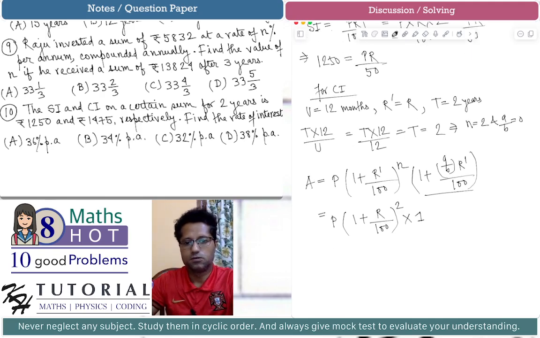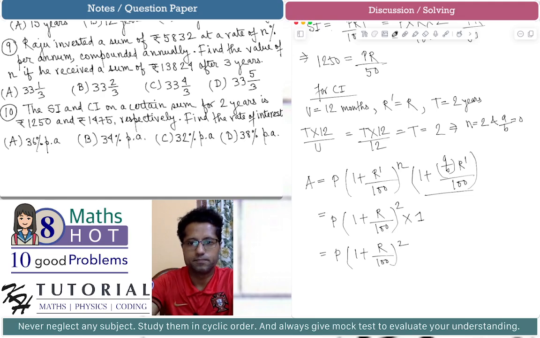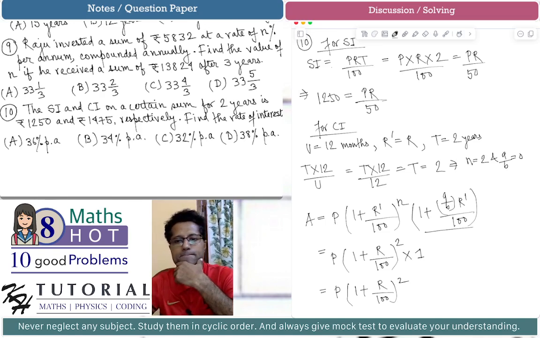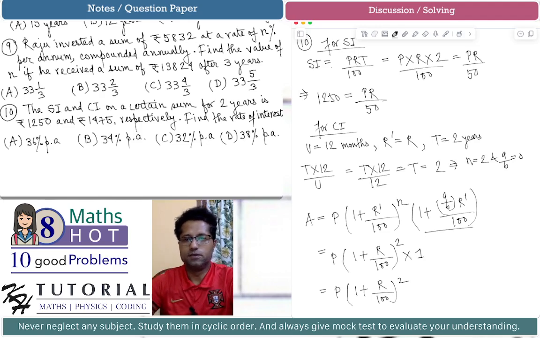So this is equal to basically P into (1 plus R by 100) square. Let this be equation 1.